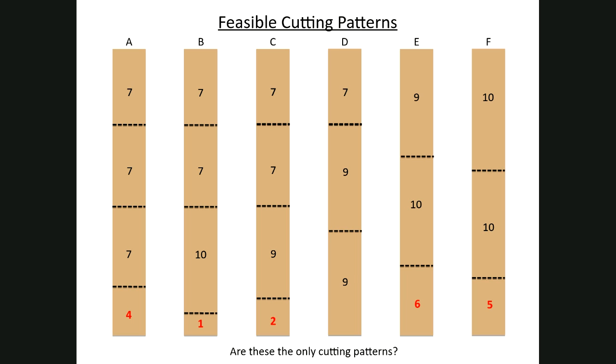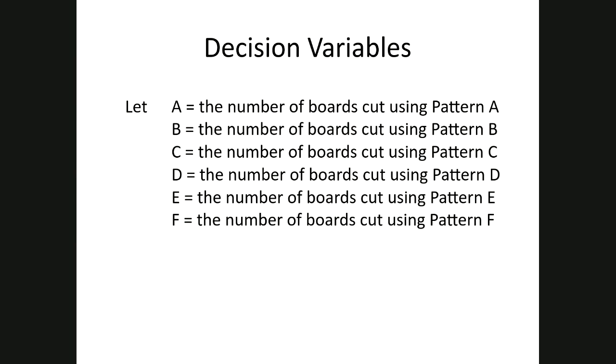variables. And again, what's a decision variable? It's a letter or a symbol that stands for a number. All right, and so I'm going to go to the next slide, and we'll talk directly about our decision variables.